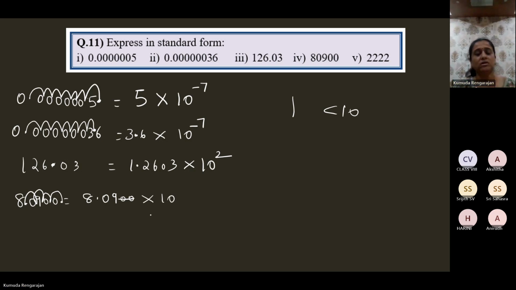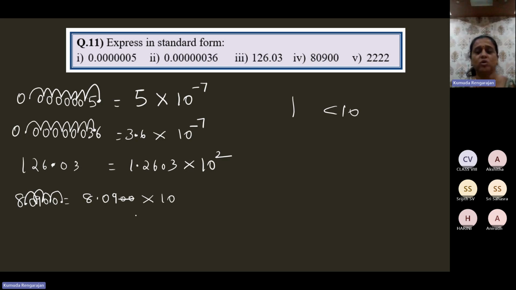Have you increased the value of the number or reduced? Reduced, ma'am. What is the given number? Given number 80,900. And what is it now? It is 8.09. So clearly you've reduced the value of the number, right?